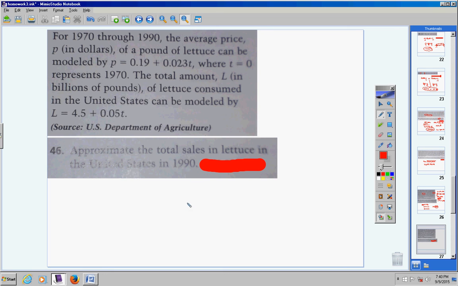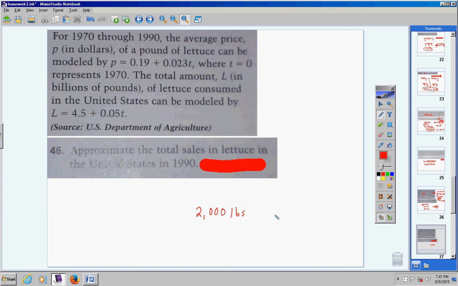If I knew the total amount of pounds that was sold per year, let's just make up a number, just a really fake number that's not right. Let's say I know for sure in some year, 1990, there was 2,000 pounds of lettuce consumed. Now that's way too low, but just pretend, okay?